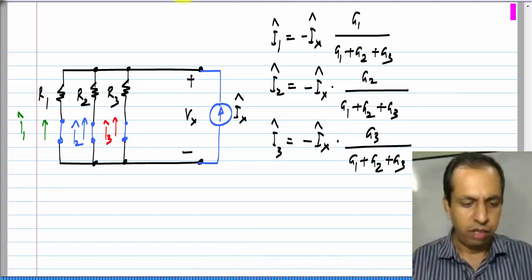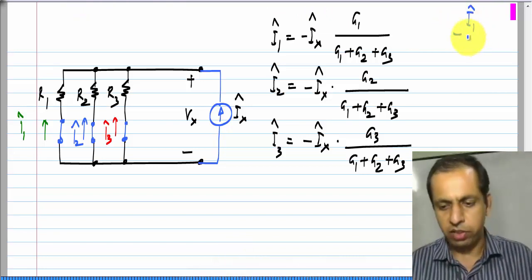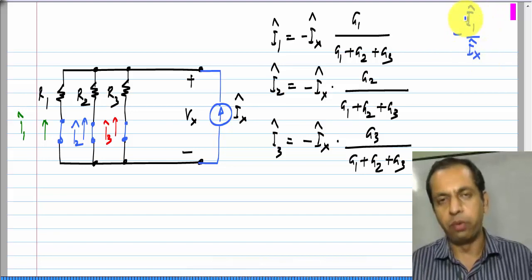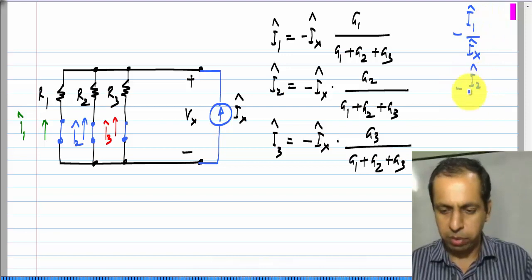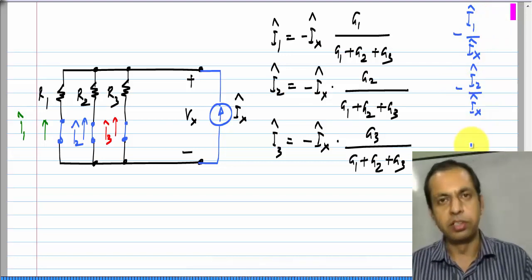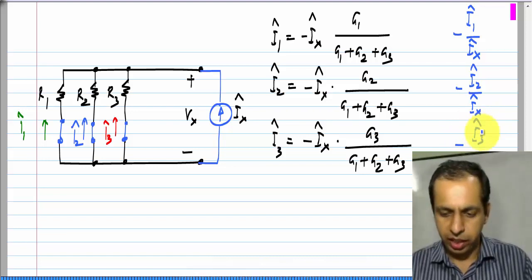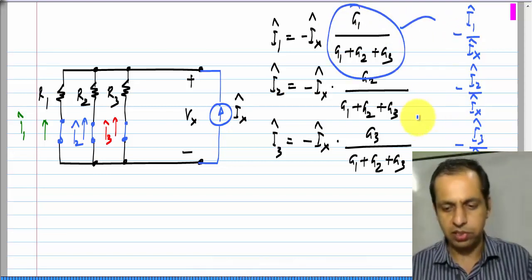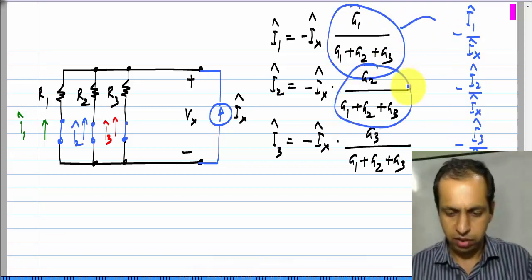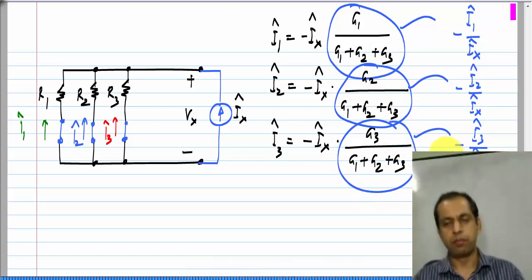And if I look at the coefficients, minus I 1 hat by I x hat, this is what I want, right. This is V x by V 1, minus I 2 hat by I x hat, which is V x by V 2, and minus I 3 hat by I x hat. Okay. So, these ratios would be simply what is inside this circle, okay. This one and that one.